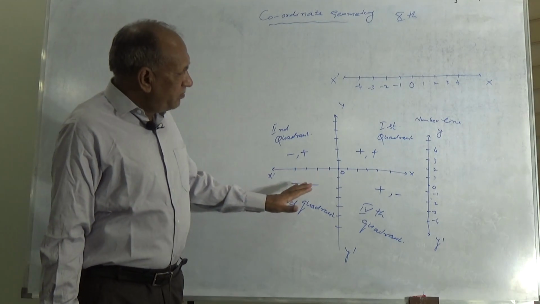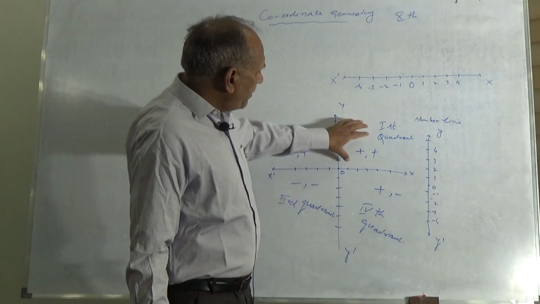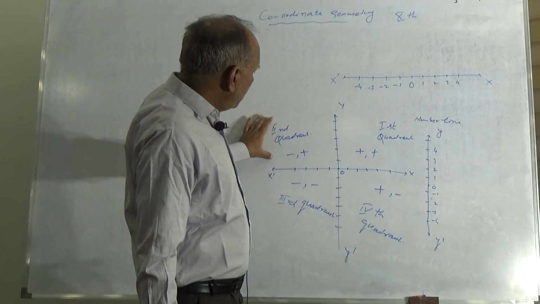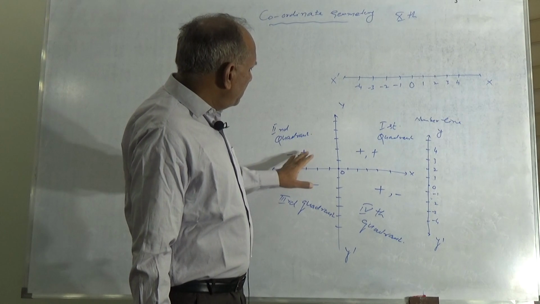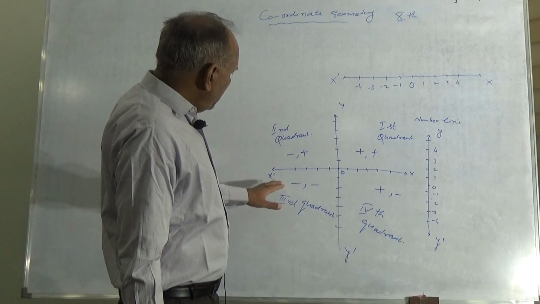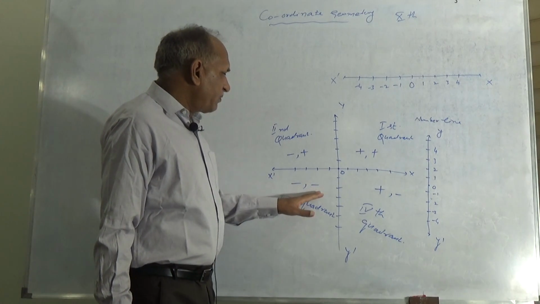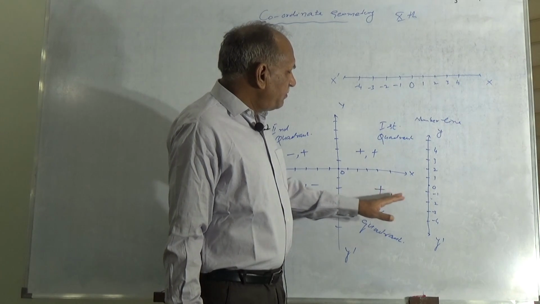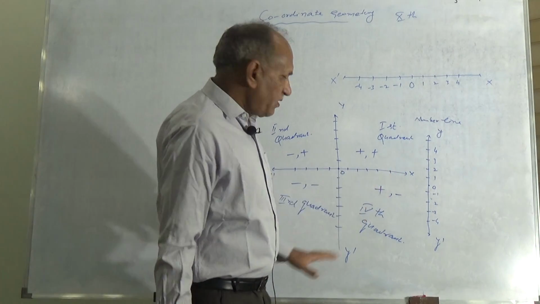Likewise, in the first quadrant both the values are positive. In the second quadrant x is negative, y is positive. In the third quadrant both x and y are negative. In the fourth quadrant x is positive, y is negative.